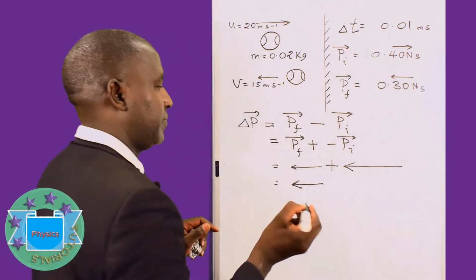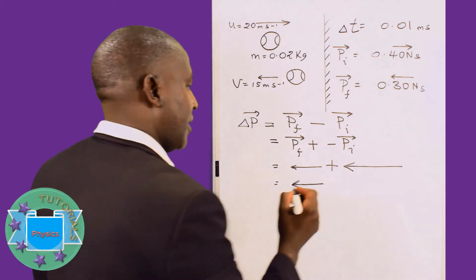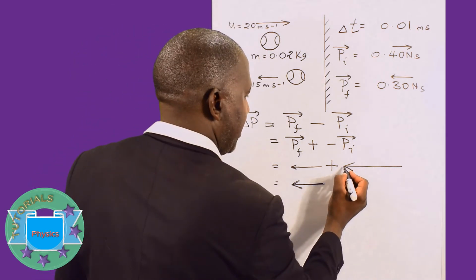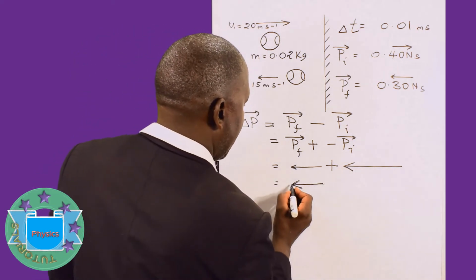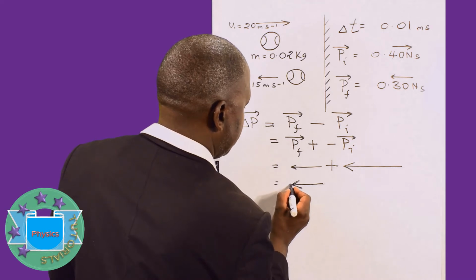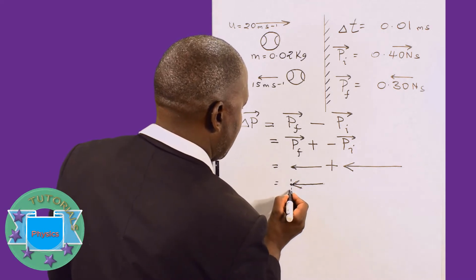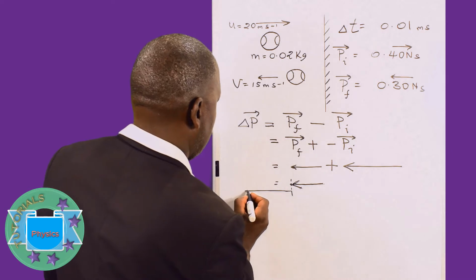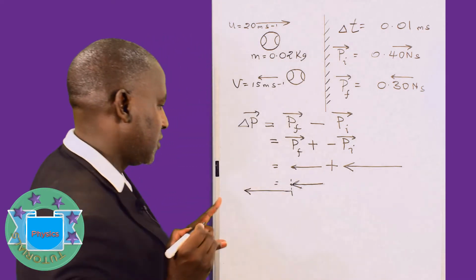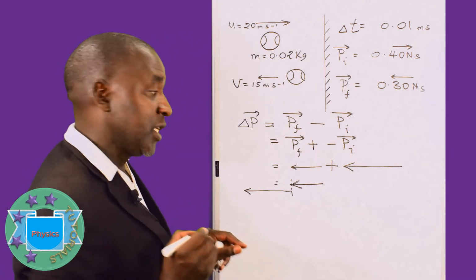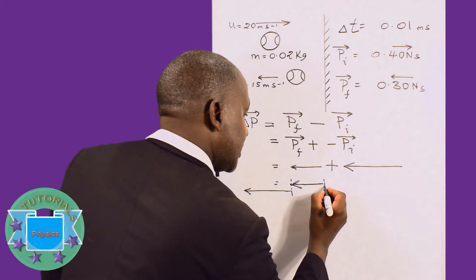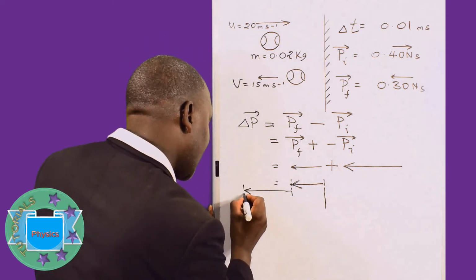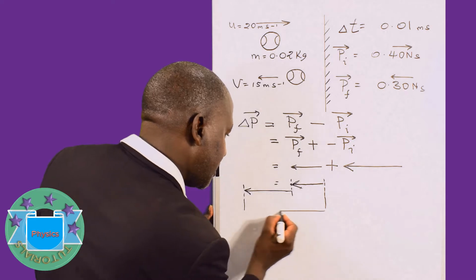I draw that. And then I bring the tail of this one to the head of this one here. So let me just draw that. I have it like that. Where did I start from? I started from here. Where did I end? I ended up here. And this is it.